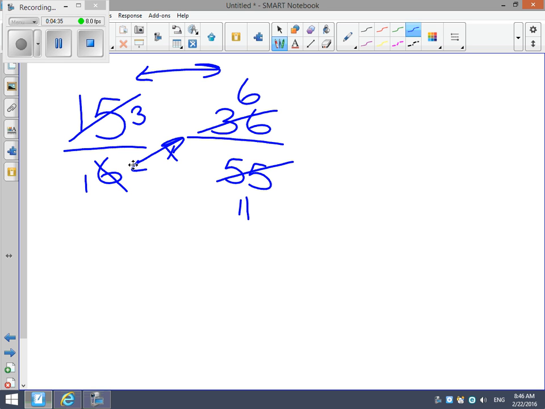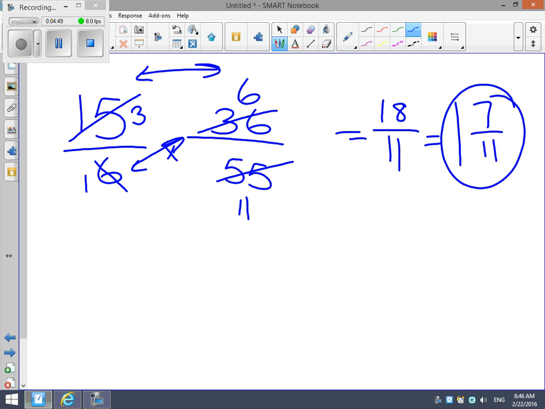We always have to pick a numerator and a denominator. So in this case, our lowest terms is going to be 3 times 6, which is 18, over 11. Of course, that'll reduce to 1 and 7/11ths. You know you did it right when you change it back to a mixed fraction, there is no more reducing to do, and it's completely done.